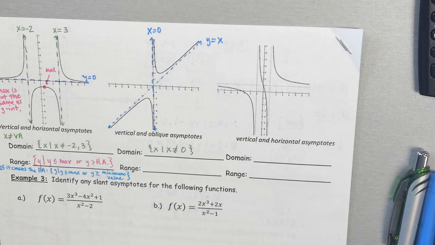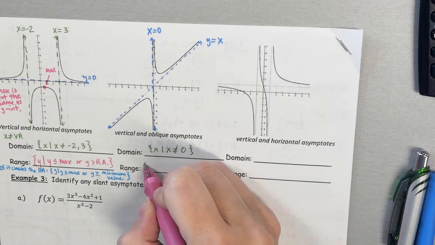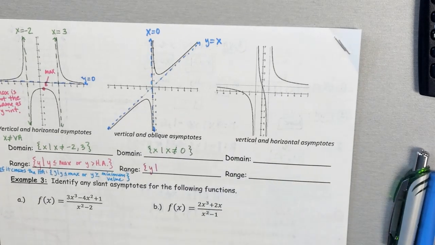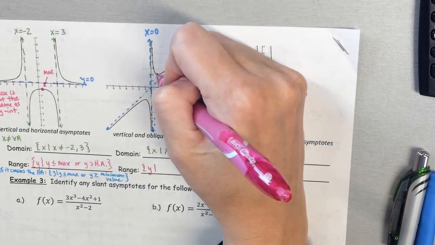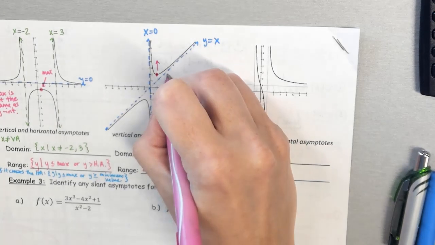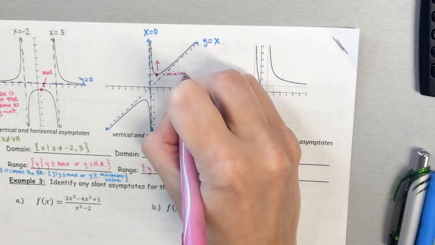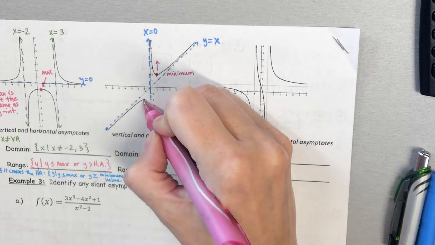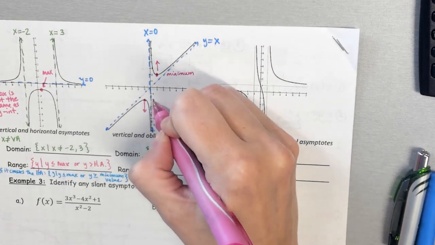Okay, and then here for your range, you have 2 branches. So it's either all of the points that are above this value, which is a minimum, or it's all the points that are below this maximum.